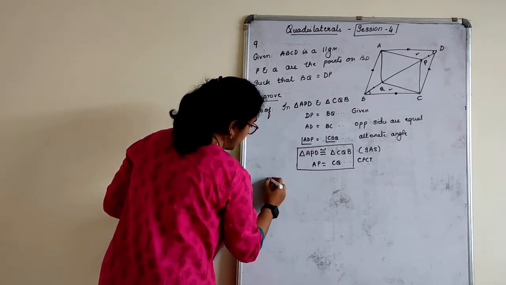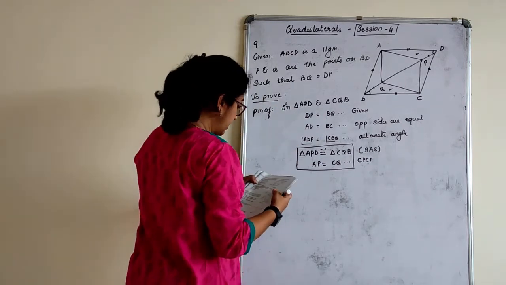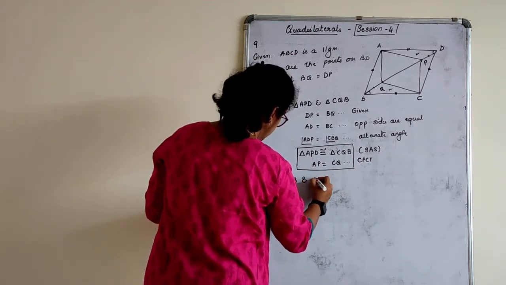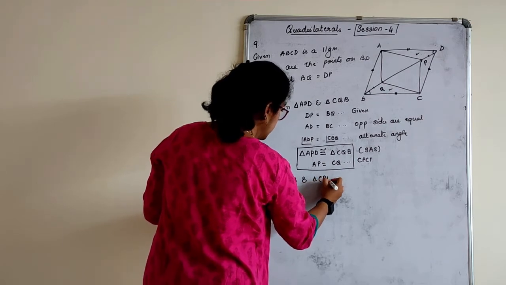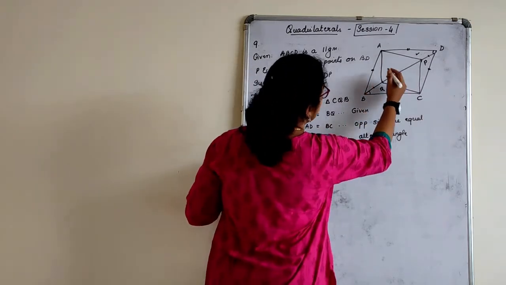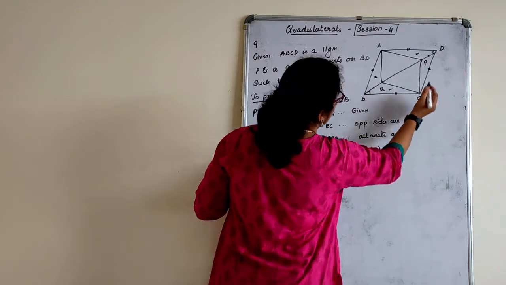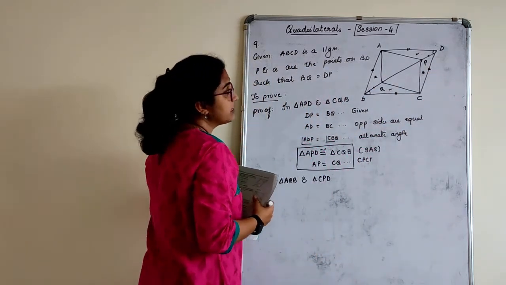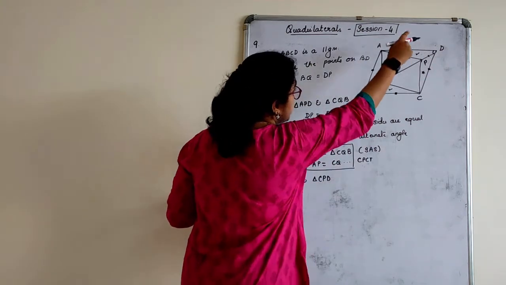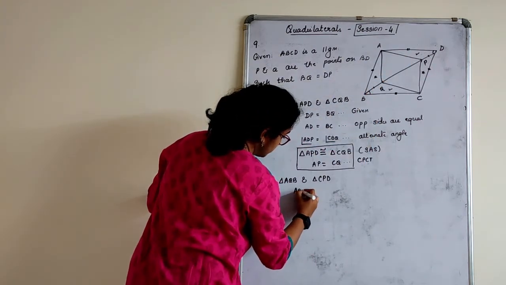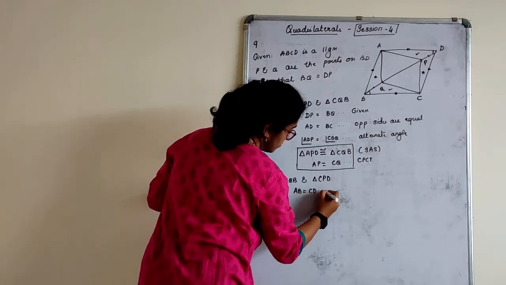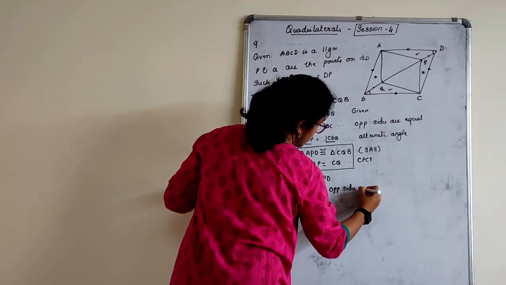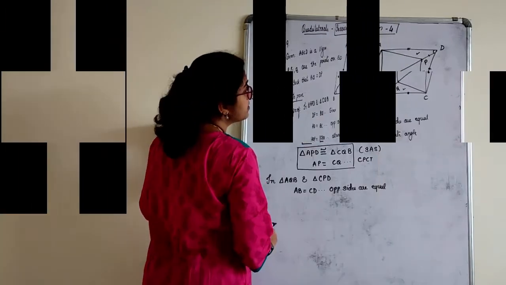So again I will write, in triangle AQB and triangle CPD. Where is AQB? AQB is this and CPD is this. So what are the things which are equal here? Write down. AB is equal to CD, opposite sides are equal.